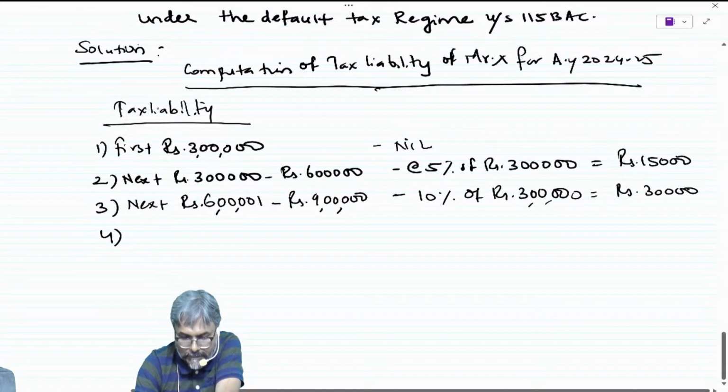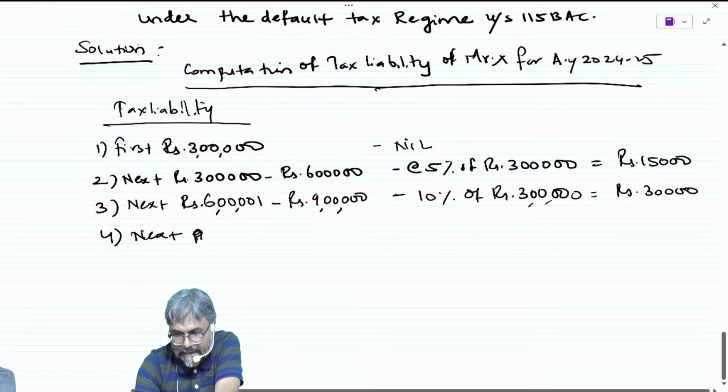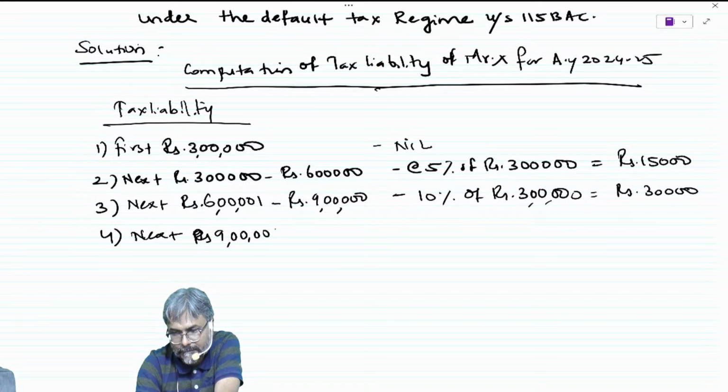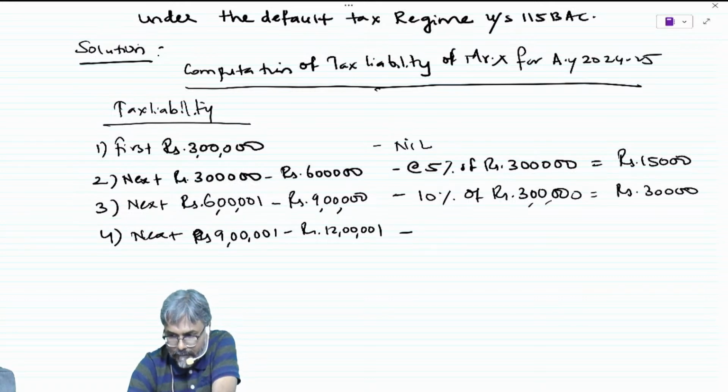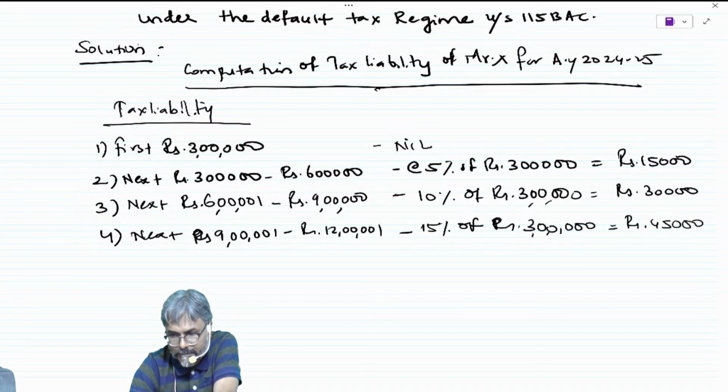The fourth. Next rupees 9 lakh 1 to 12 lakhs. 15% of what? Again 3 lakhs. How much is that? 45,000.